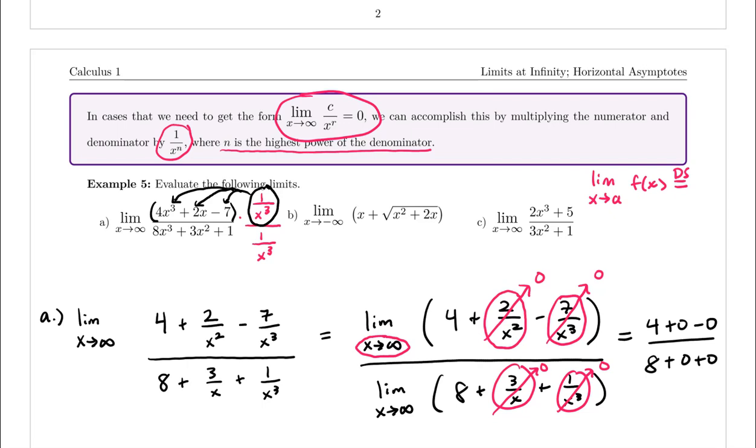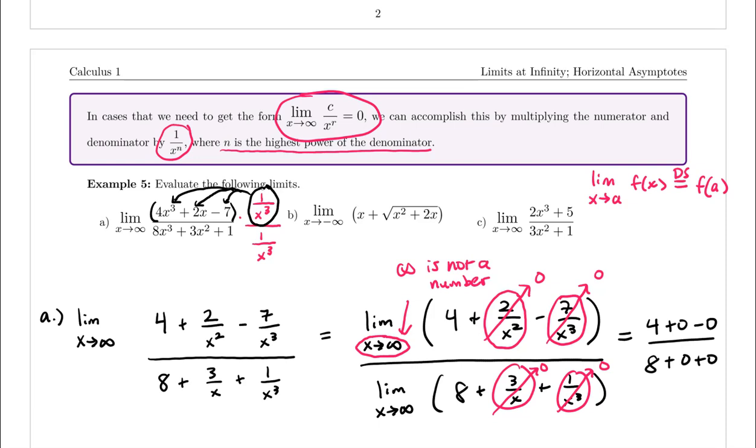Direct substitution is when you evaluate the function at that x value that we're approaching. However, in this case, infinity is not a number. Infinity is not a number. And so we can't plug in infinity into, for example, 2 over x squared.